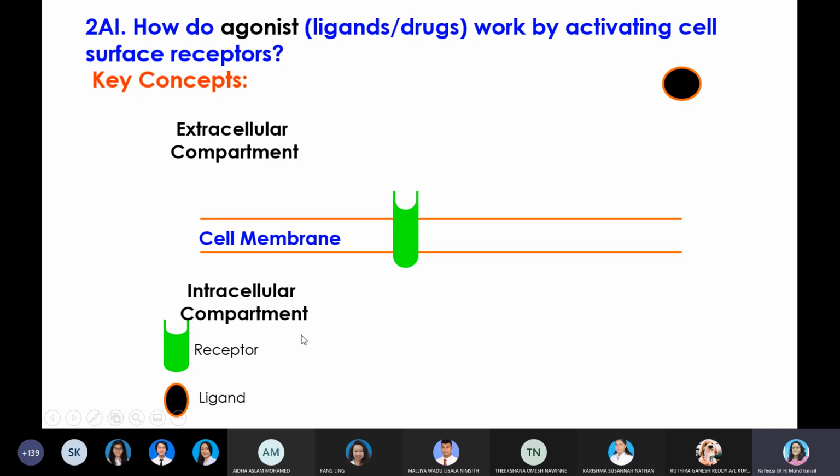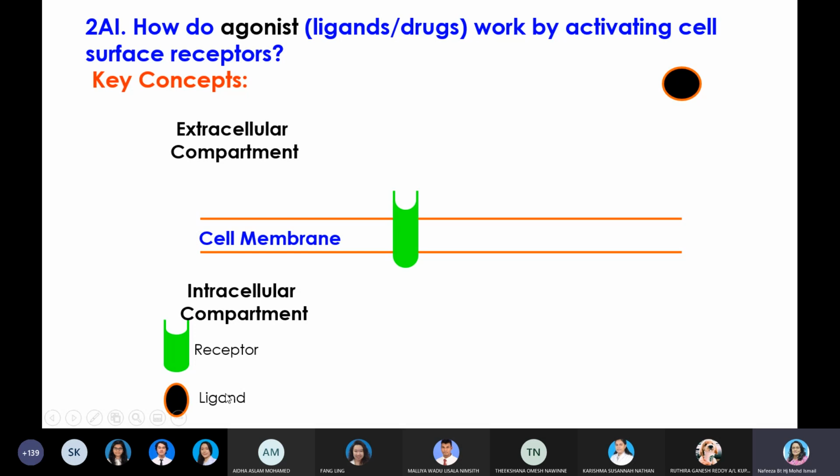This is in the cell, intracellular compartment. Now here is the receptor. So we can call it a membrane receptor. We call it a transmembrane receptor because it goes across the membrane, or you call it a surface receptor. It doesn't matter to me. Any way you call it, as transmembrane, membrane, or surface receptors.